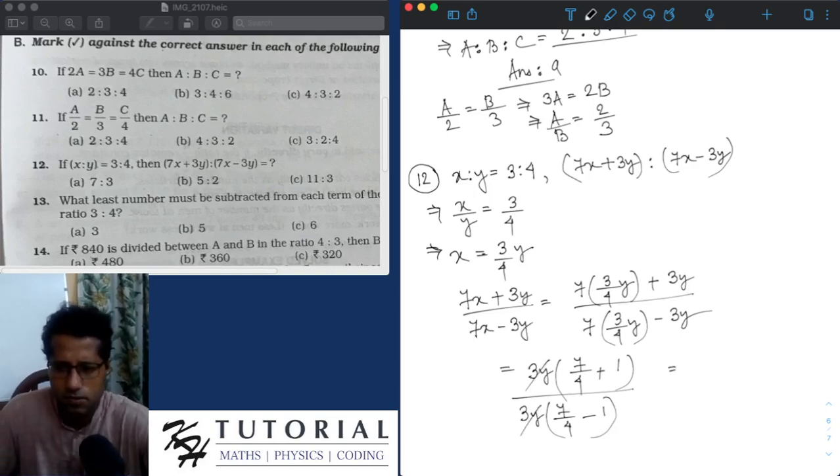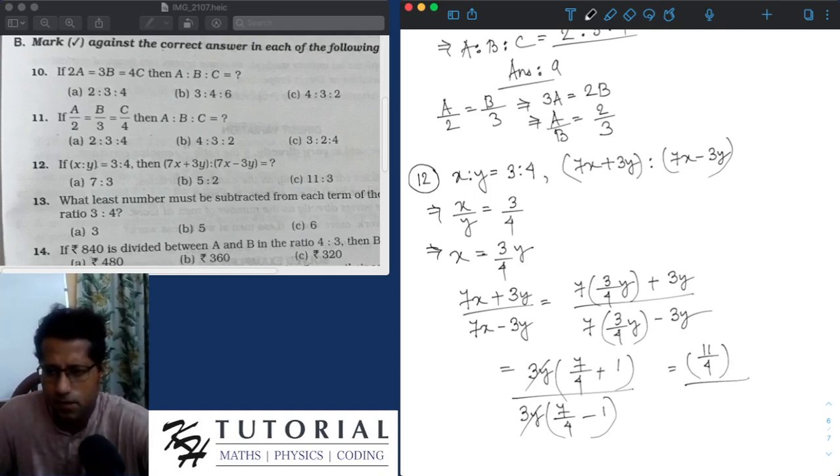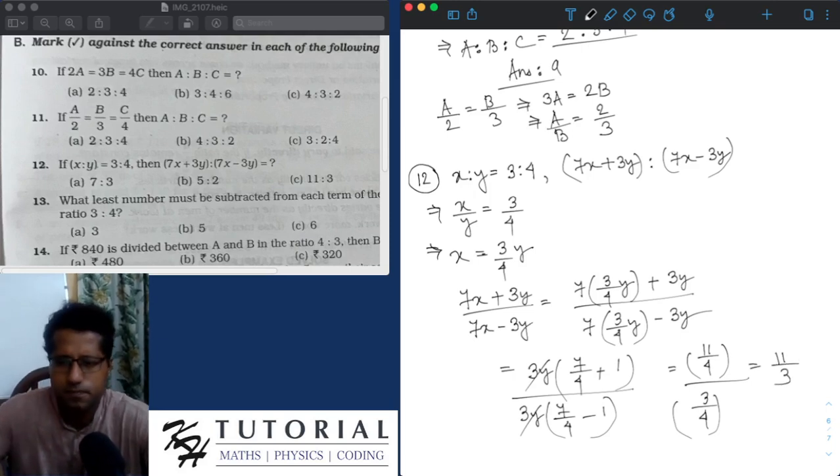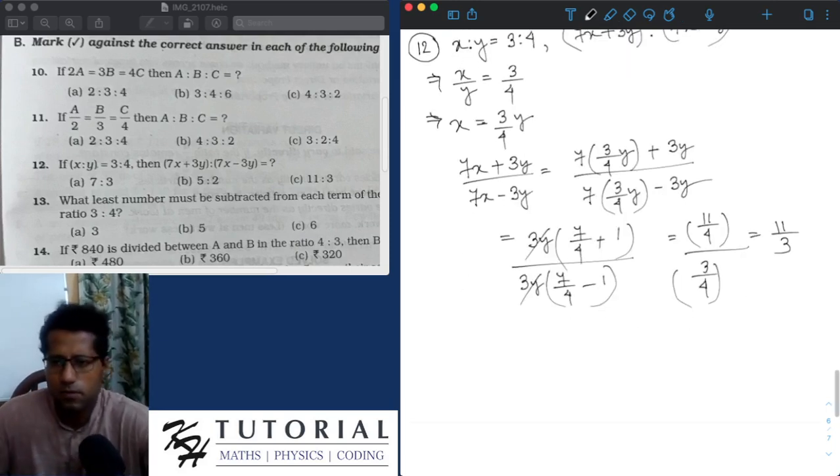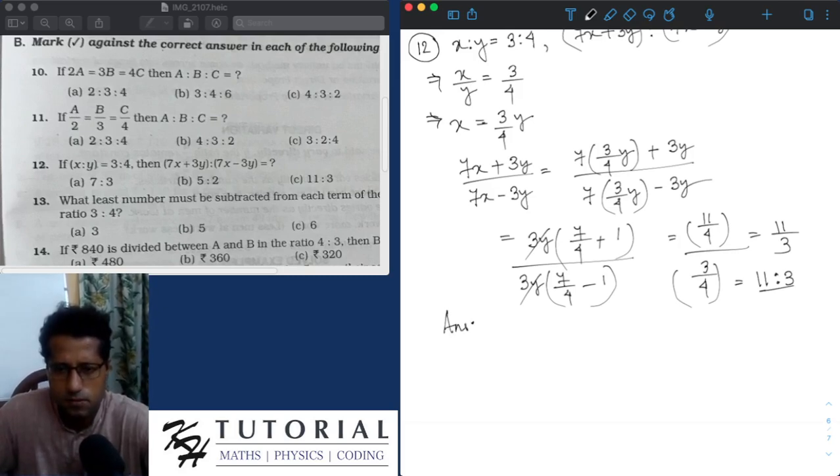This equals 7 by 4 plus 1 is 11 by 4, and 7 by 4 minus 1 is 3 by 4. 11 by 4 divided by 3 by 4 is 11 by 3. So the ratio is 11 is to 3. So the correct choice is C.